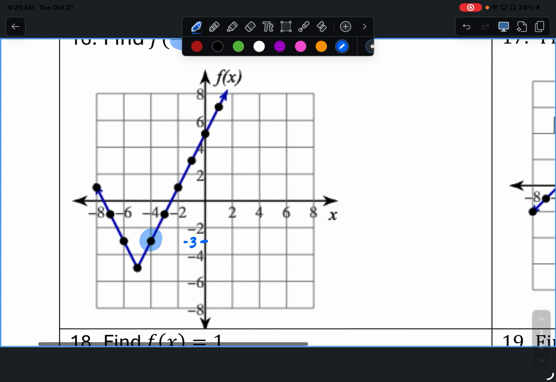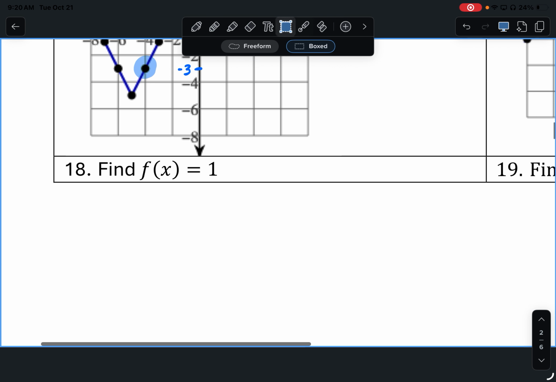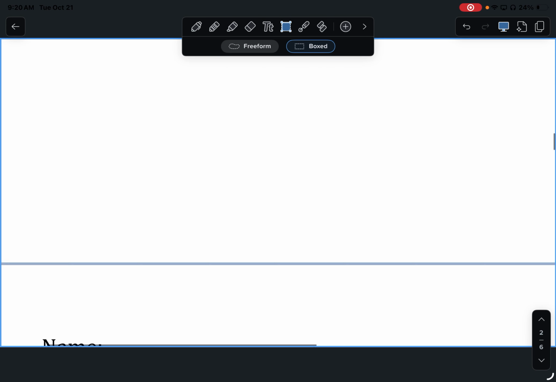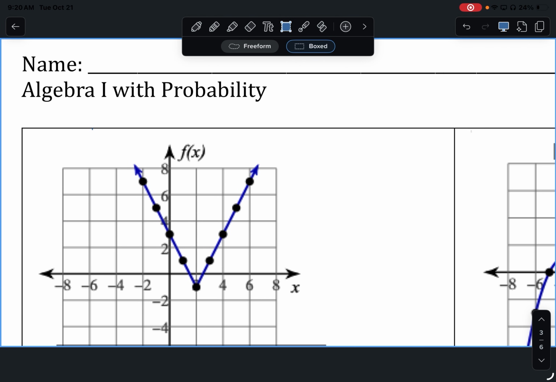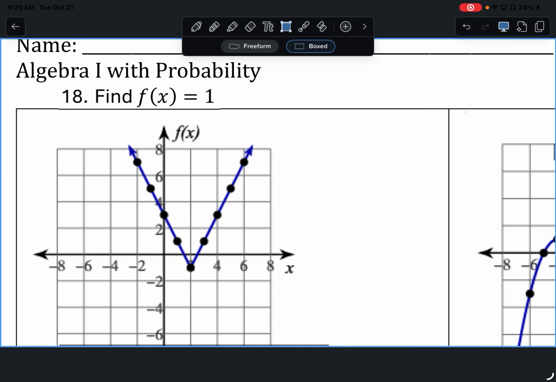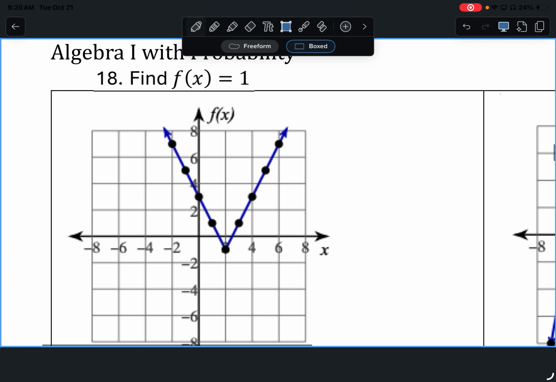Now, 18. Okay, 18's problem is on the next page. So we're going to write that at the top of that graph. So this one has f of x is equal to 1.